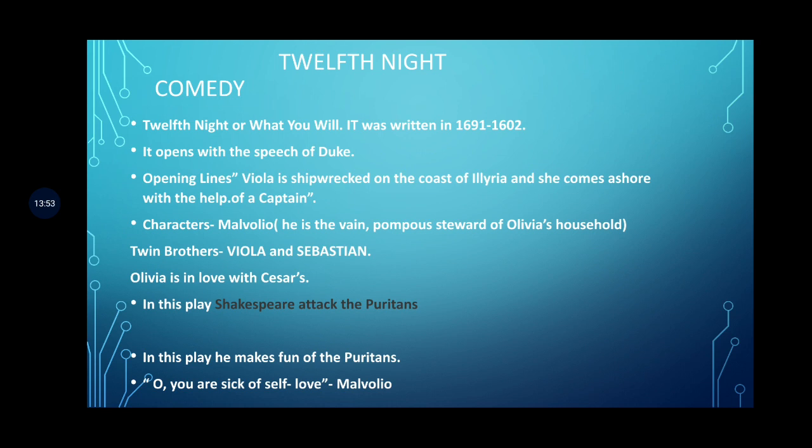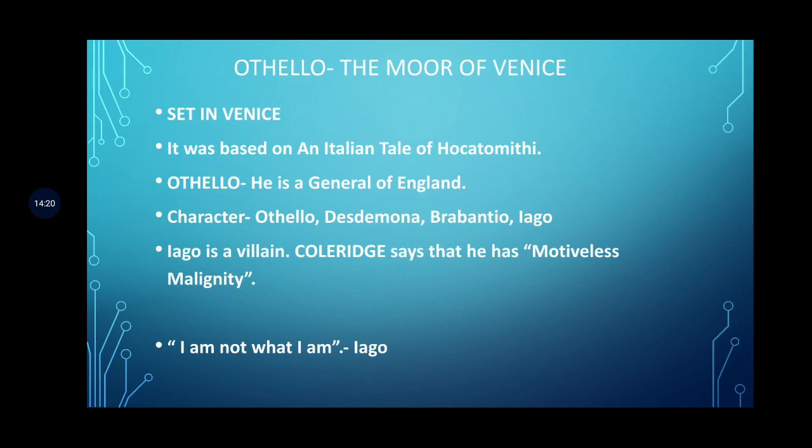Character: Malvolio. He is the vain, pompous steward of Olivia's household. Then we have twin brothers, Viola and Sebastian. Olivia is in love with Cesario. In this play, Shakespeare attacked the Puritans. He makes fun of the Puritans, and Olivia says to Malvolio, "Oh, you are sick of self-love."